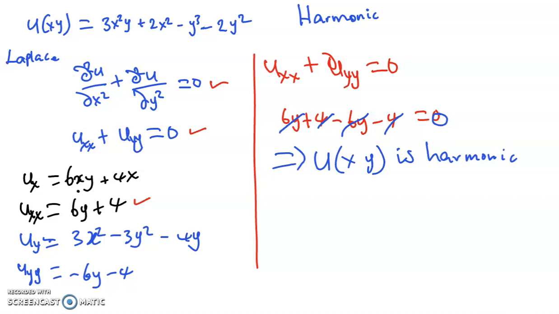We call it partial differentiation because we have two variables in one, and so you need to differentiate them independently. If we are differentiating with respect to x, you are only considering x values. But if you are differentiating with respect to y, then your attention should be on y values, even though they are mixed together. You can see how easy it looks, but it can be confusing. So indeed, this function is harmonic because it satisfies the Laplace equation.